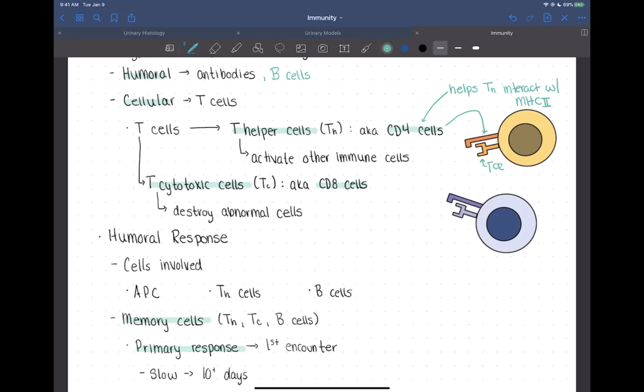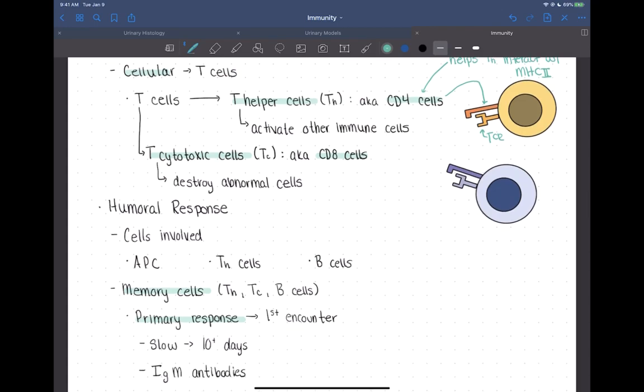T helper cells themselves function to activate other cells of the immune system. They're going to interact with that antigen presenting cell, and then they're going to go and spread the word and activate other cells. So they're helping. They don't generally fight the pathogen themselves. They activate other cells that are going to do that. And then we have T cytotoxic cells.